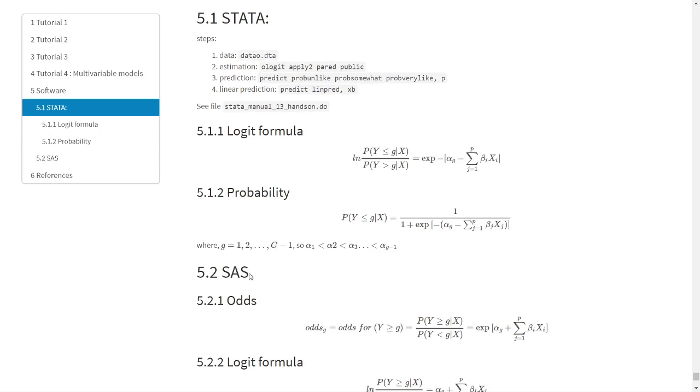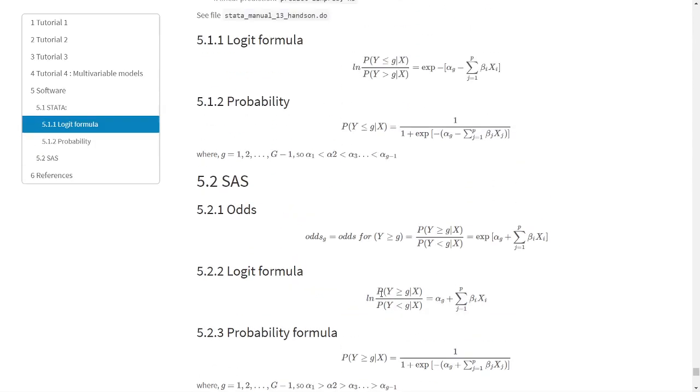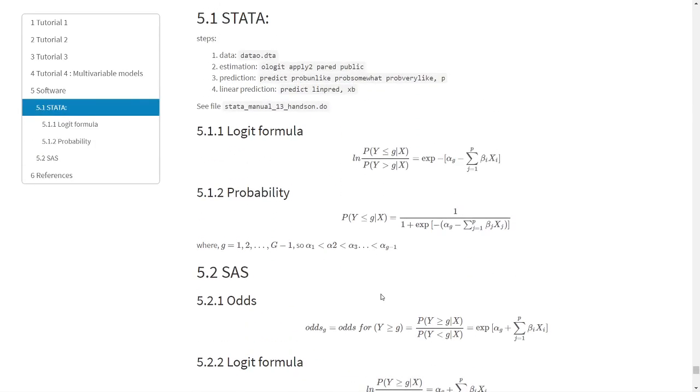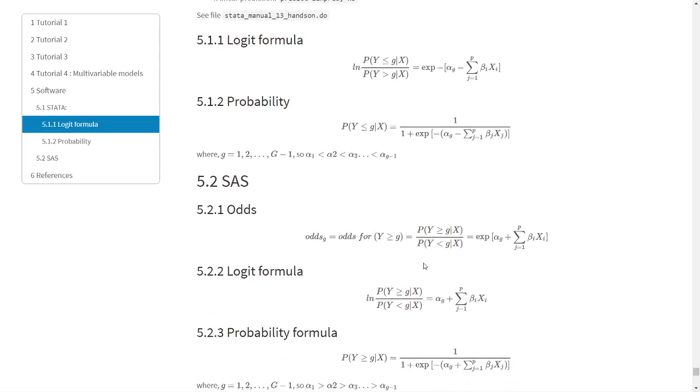So this is for SAS. Look here, this is the probability of y less than or equal to g, and SAS uses the probability of y equal to or bigger than g. R and Stata, especially the ordinal package and MASS package, use this logit formula, unlike SAS.